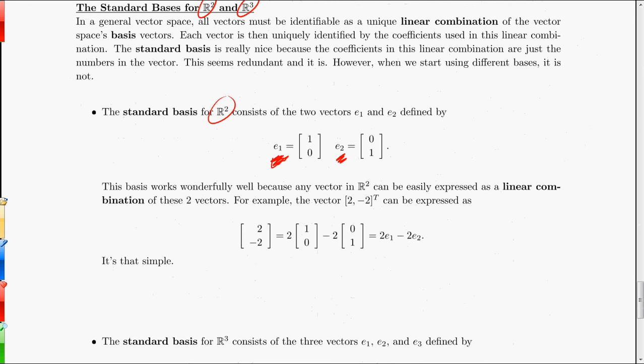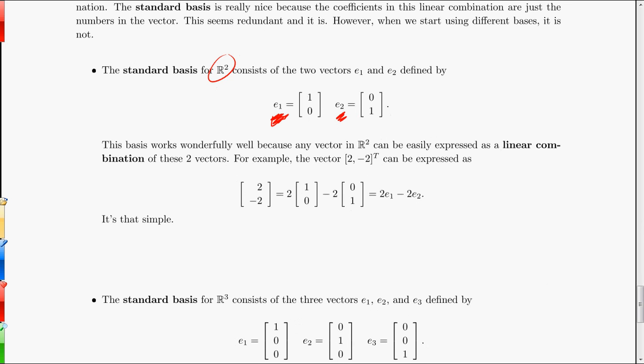And the wonderful thing about this basis is that if you have this vector 2, -2, and I want to find the linear combination of my basis vectors that returns that specific vector, it's just 2 times E1 plus -2 times E2.